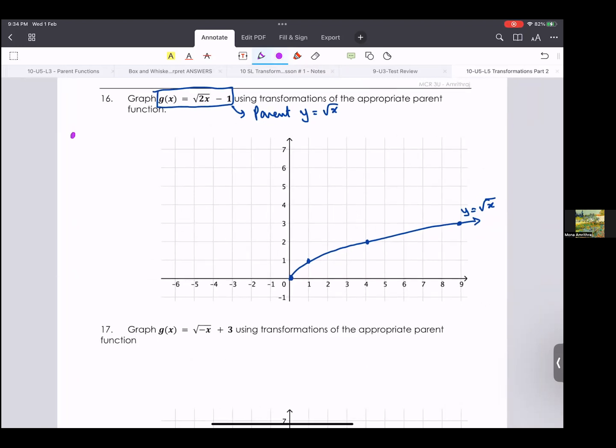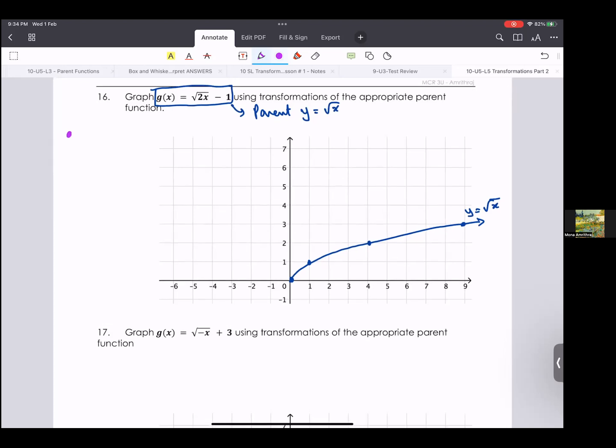So that's the b value, b equals 2. That means a horizontal compression by 1 over 2, or 0.5.